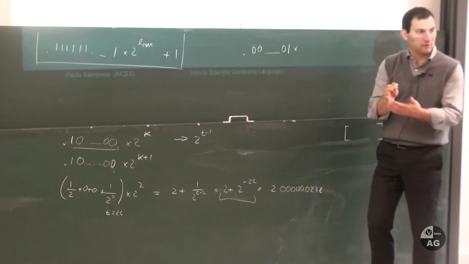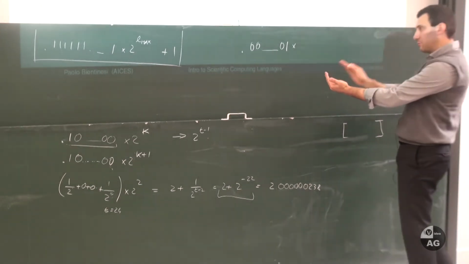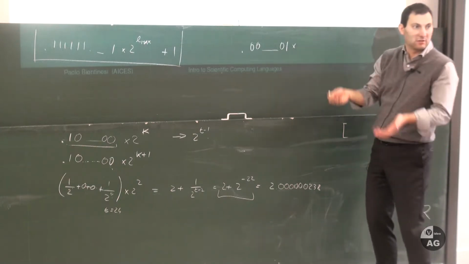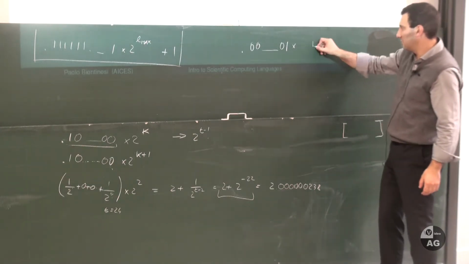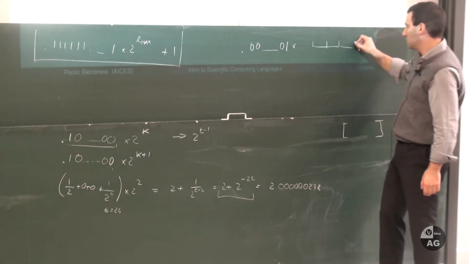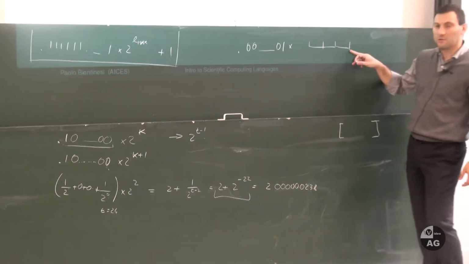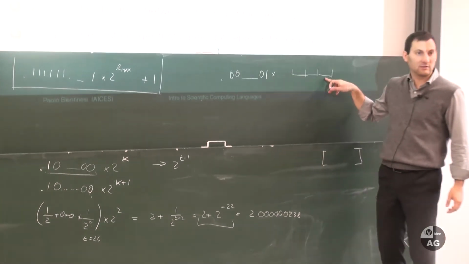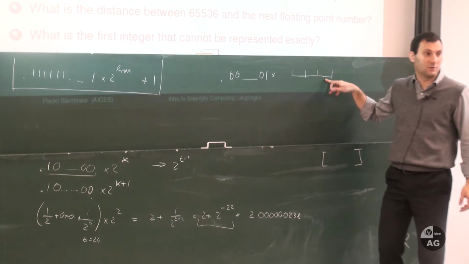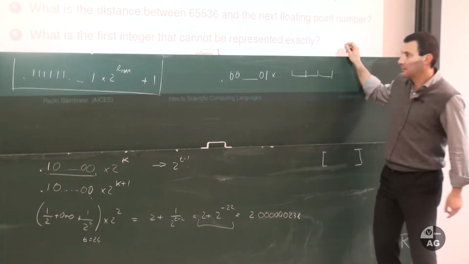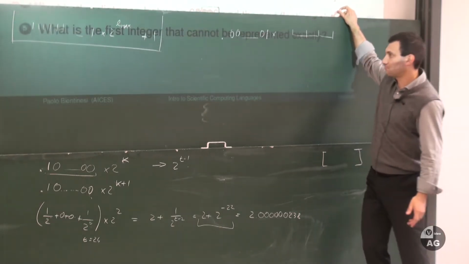And then as you move from left to right, the exponent starts increasing and the distance between floating point numbers grows. It will get to a point where this distance is actually larger than an integer, larger than 1. Let's see when that happens.